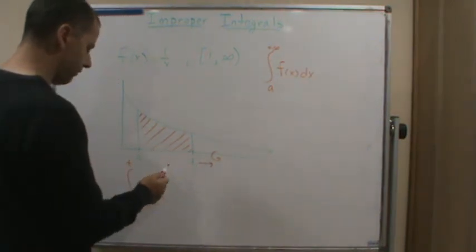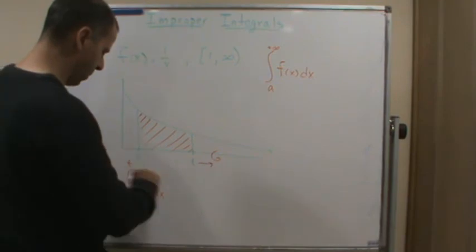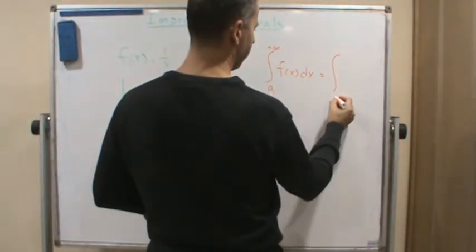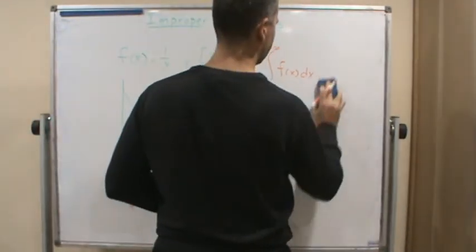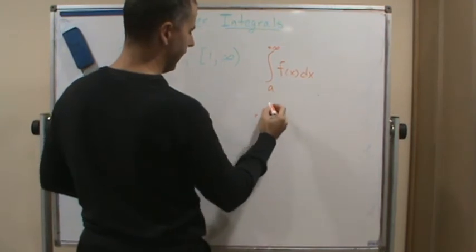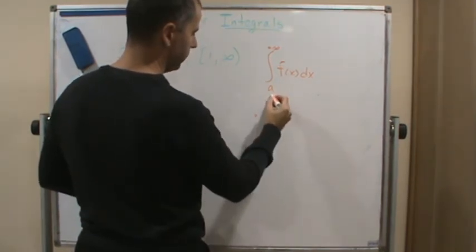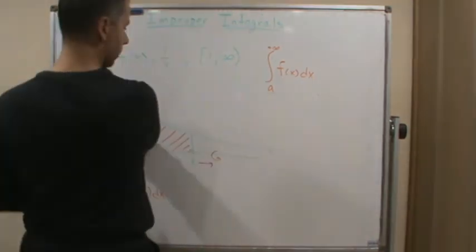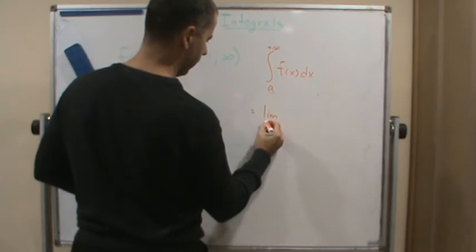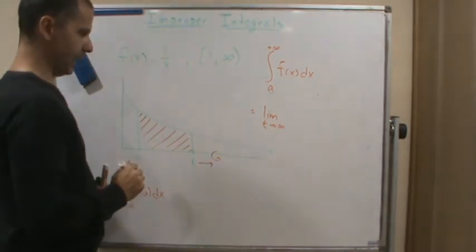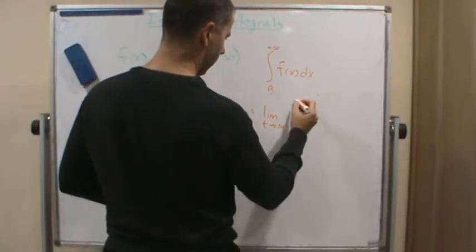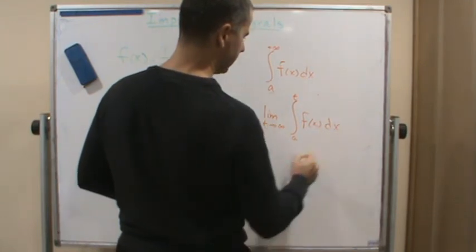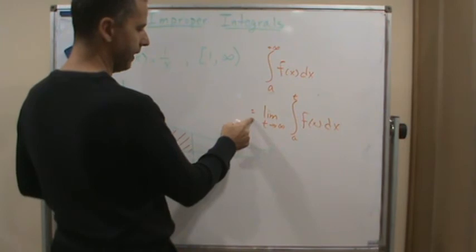So, in other words, we can define this integral as the limit as t approaches infinity of the integral from a to t of f of x dx.